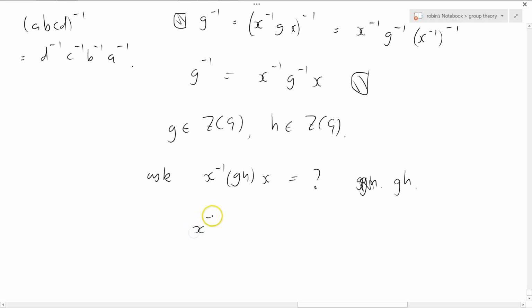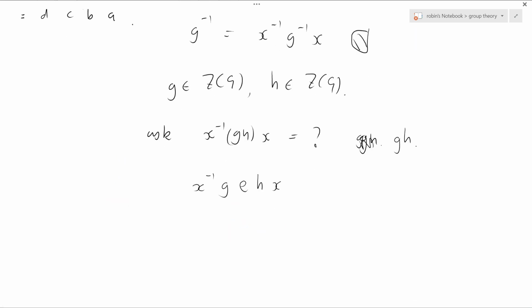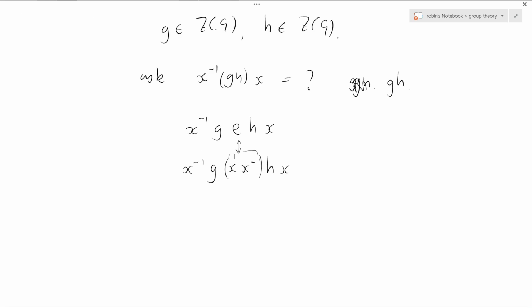You write it like that, x minus 1 ghx, and then you insert the identity element in there. You rewrite the identity element as x x minus 1, which is perfectly legitimate. And then you re-bracket it, x minus 1 gx x minus 1 hx.